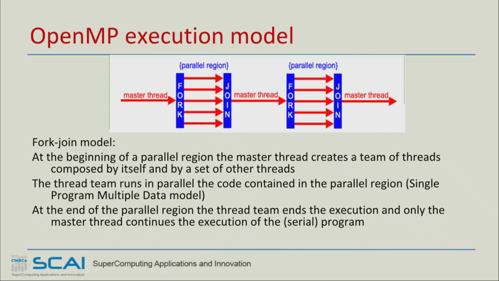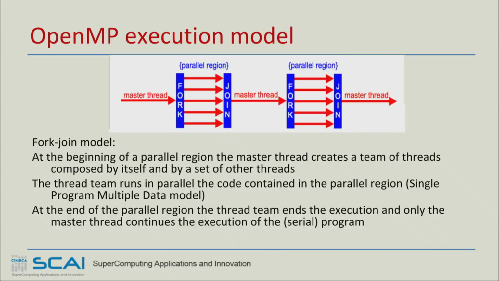Let's go to the execution model of OpenMP. OpenMP is based on a fork-join model. That means that when I start my program, the program is configured as something in which I have only one flow of execution. In other words, I have only one thread, and I will call it the master thread.